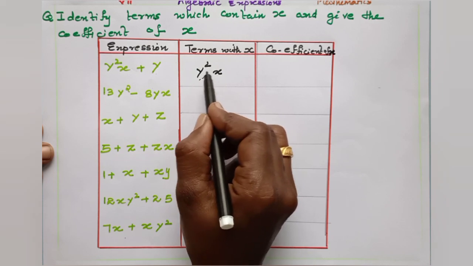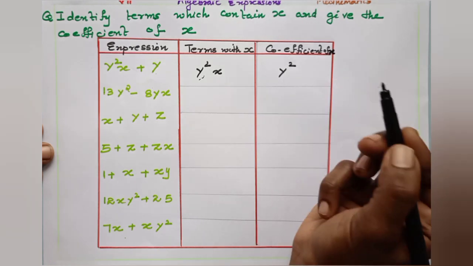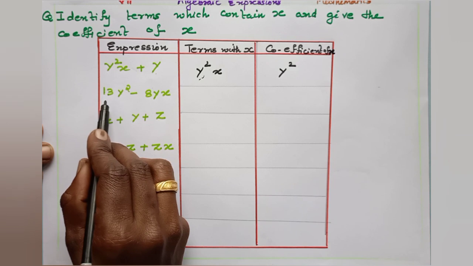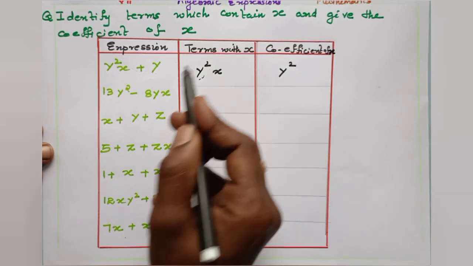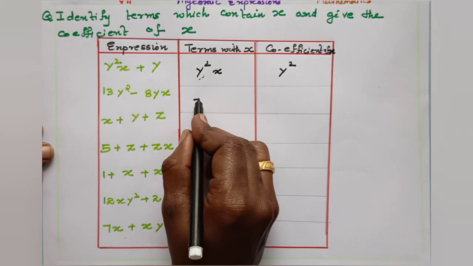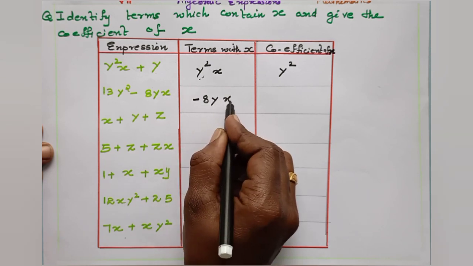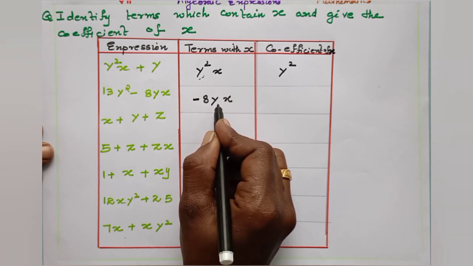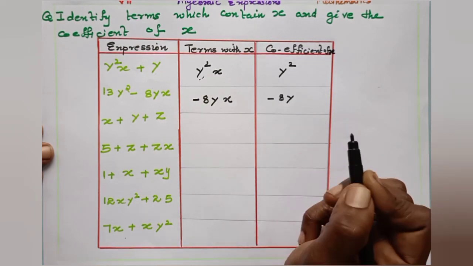Y square into x is y square x, so the coefficient of x is y square. Then the second question, 13y square minus 8yx. The term with x is minus 8yx, take that sign also. So the coefficient of x is minus 8y, since minus 8 into y into x is minus 8yx.